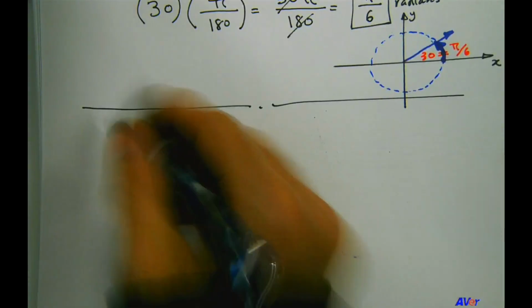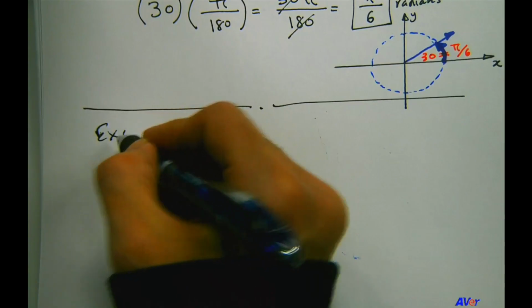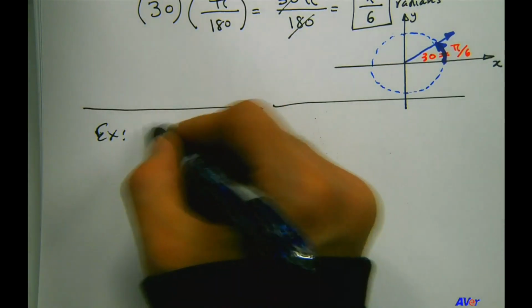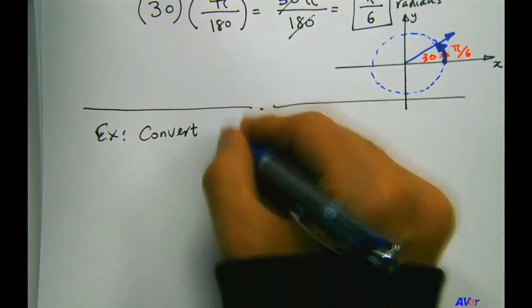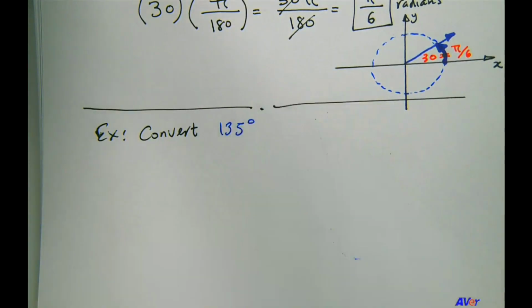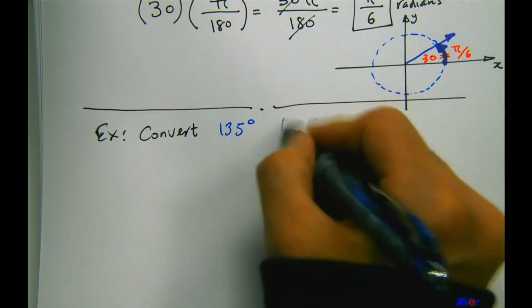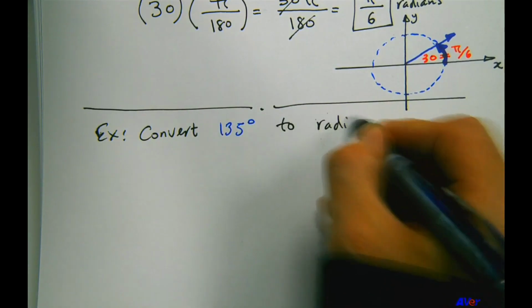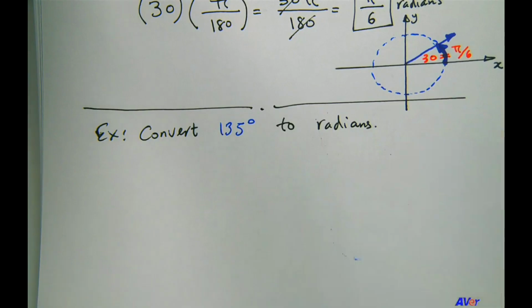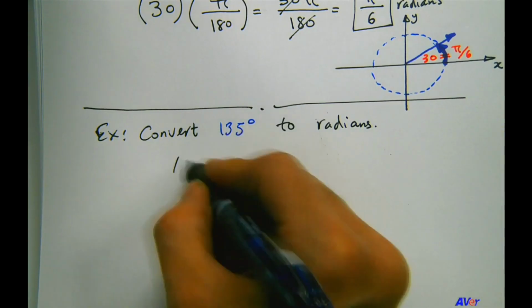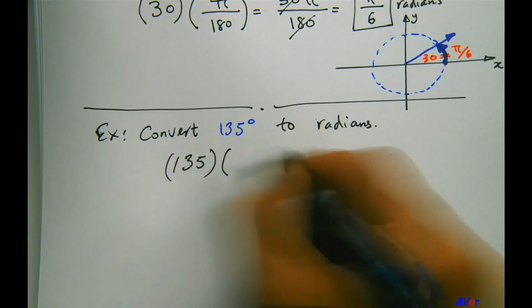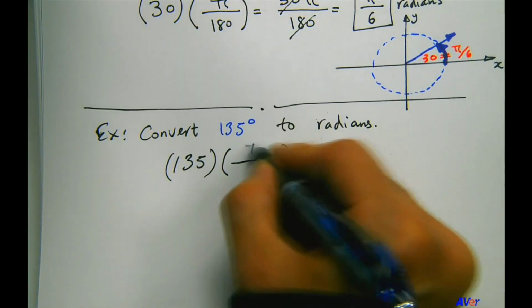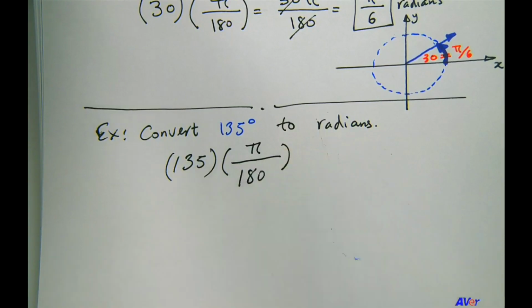Suppose we want to convert 135 degrees to radians. Right? So we take the measure of the angle in degrees, 135. We multiply it by pi over 180 degrees.